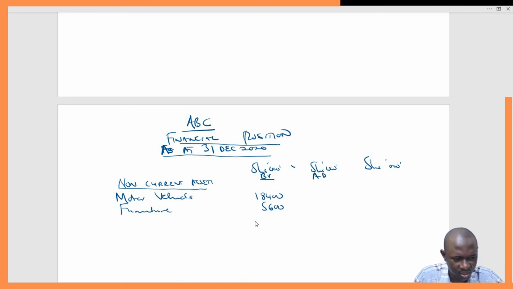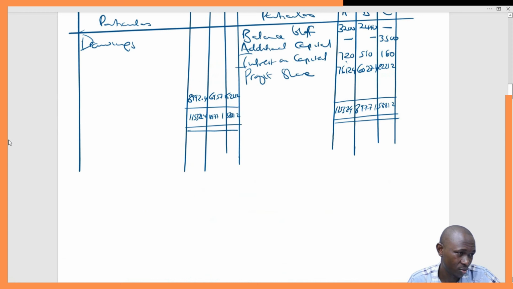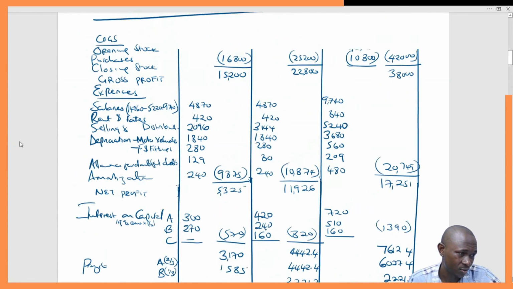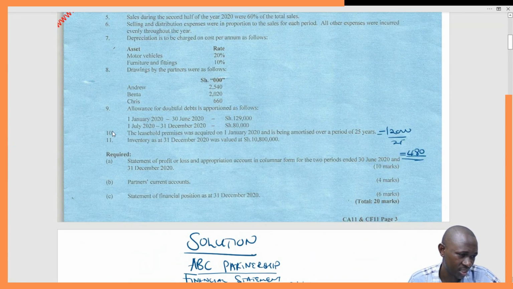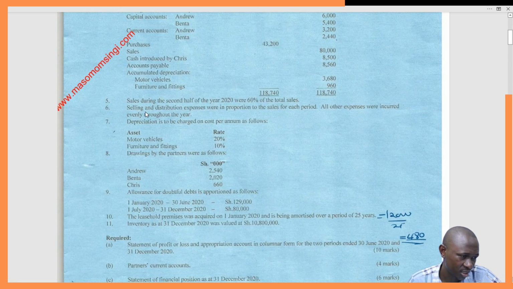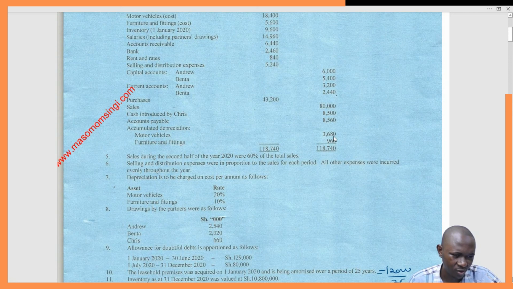And then what do we have here? Accumulated depreciation, and then the net book value. So what we are going to do is calculate. We have the accumulated depreciation somewhere. I saw it in the trial balance, and then we add the depreciation for that particular year. Motor vehicle, that's 680.